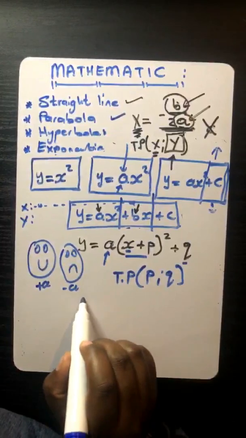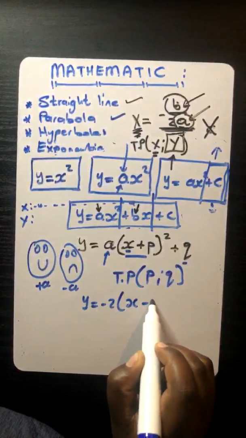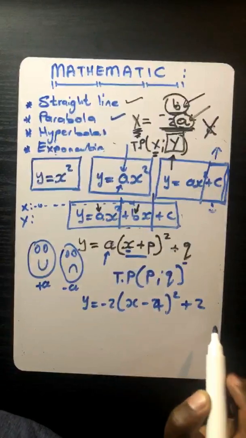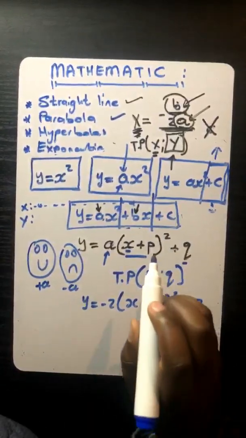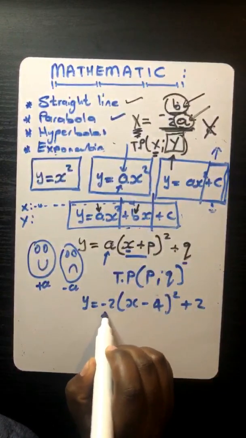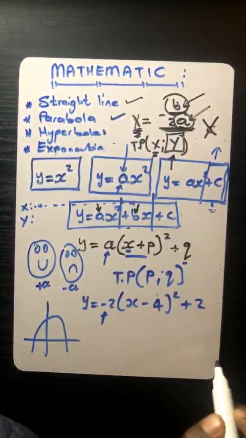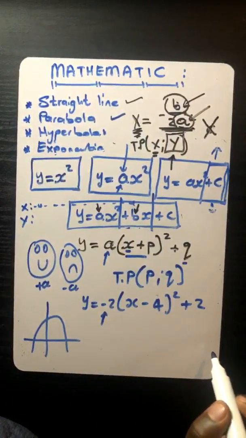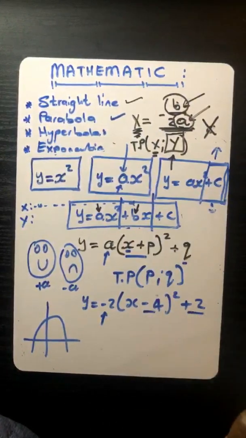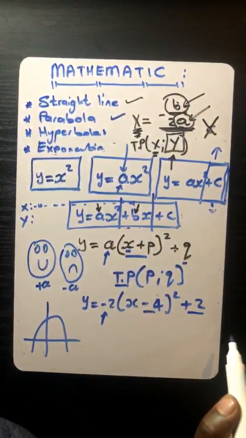Remember that if, for example, you've got y equals negative 2 times (x minus 4) squared, plus 2, this is how you interpret the legend. Since the a value is negative, you are going to have a sad shape. But now this and that give you the coordinates of the turning point.